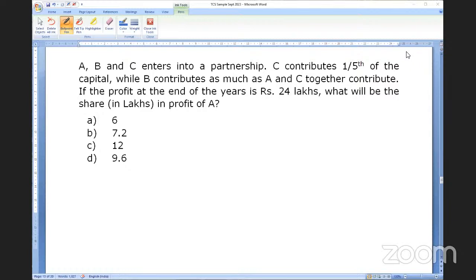We roll on into ratios and partnership, a question from application of ratios and proportion. It can be from partnership or it can be from ages. This time we have taken a question from partnership. Give it a try.